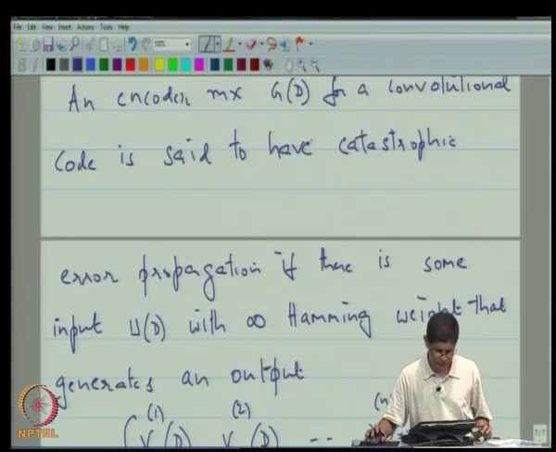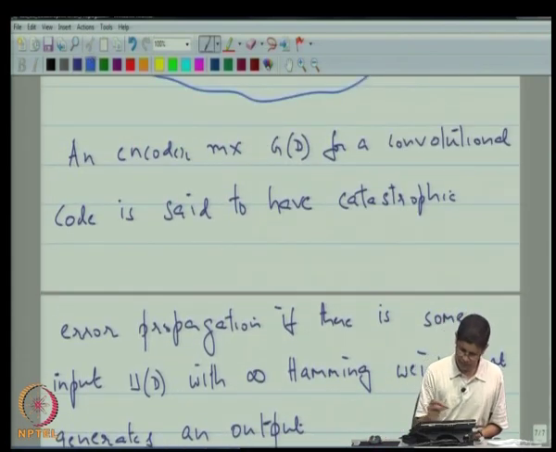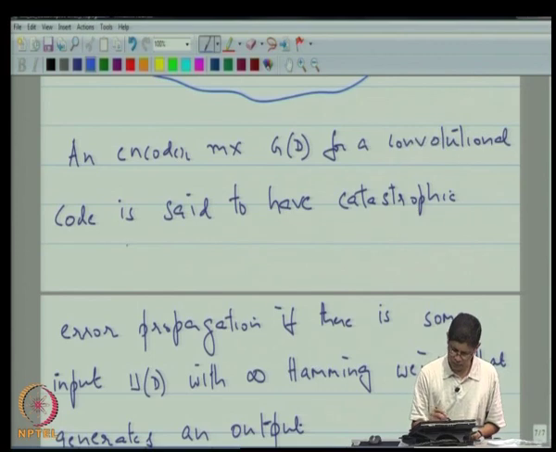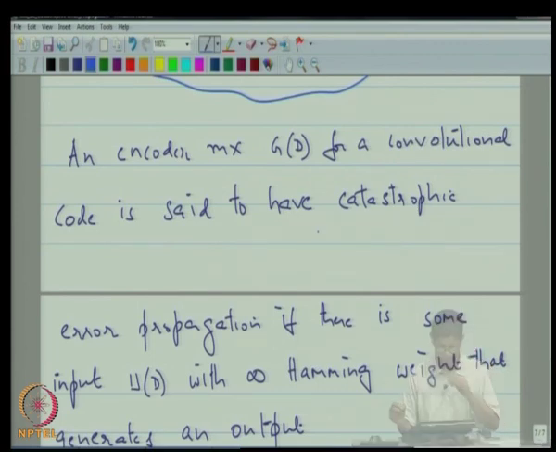Okay. So, an encoder matrix for a convolutional code is said to have catastrophic error propagation.